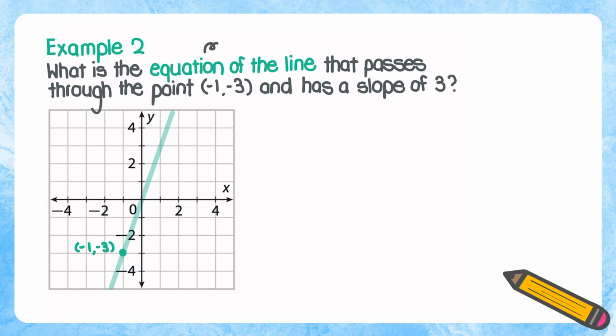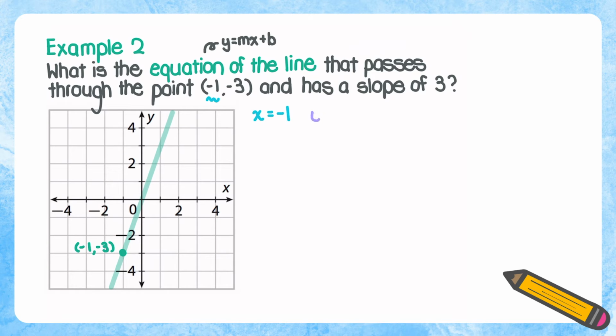I know the equation of the line will have the form y = mx + b. And we're given x and y values from the coordinate and also the slope. So here, x equals -1 based on the coordinate point that we're given right here.